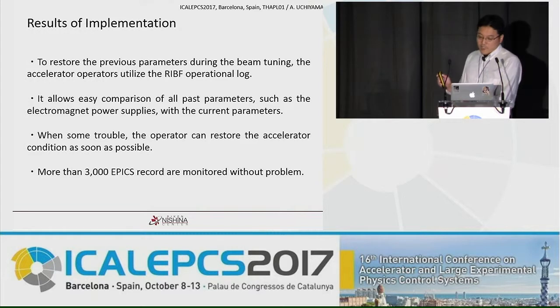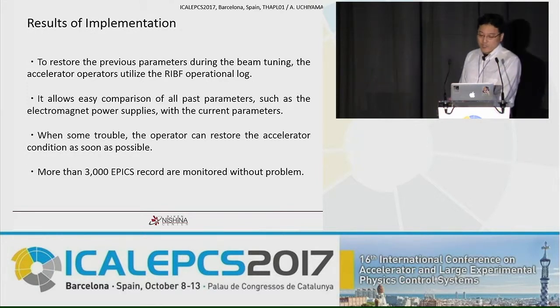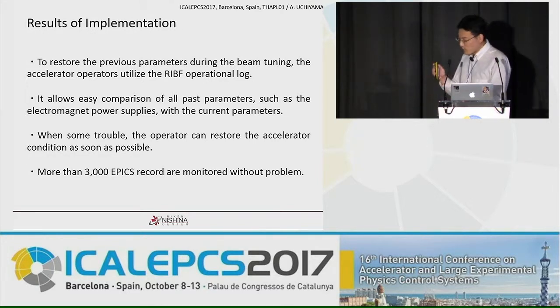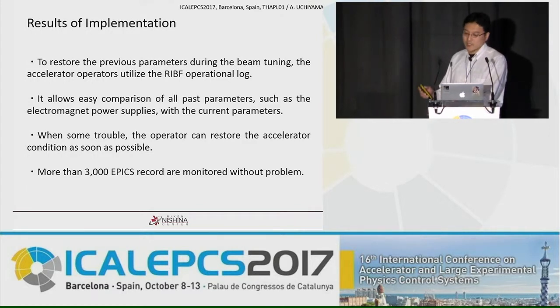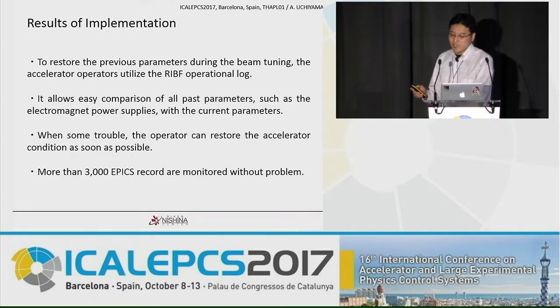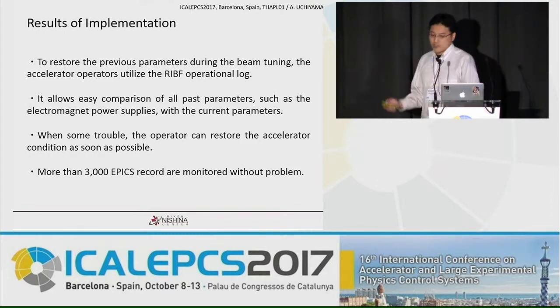When beam service time interruption occurs because of some trouble, the top priority is fixing the problem and providing the beam service time as soon as possible. So this system is very important.